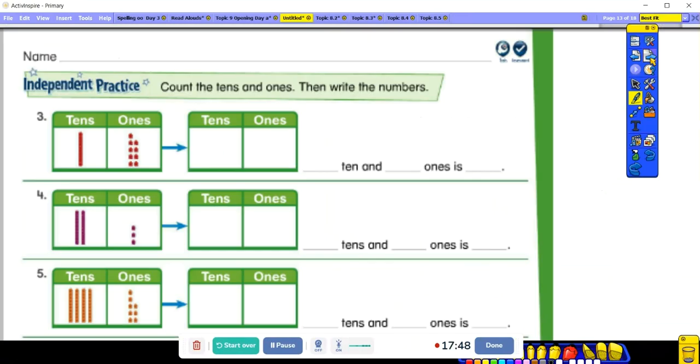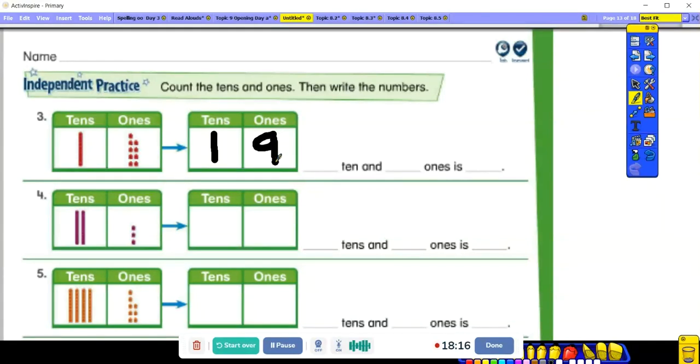All right. Now, you can also practice counting your tens and your leftover ones. So here, how many tens do you see? 1. How many ones? Let's count them. 1, 2, 3, 4, 5, 6, 7, 8, 9.